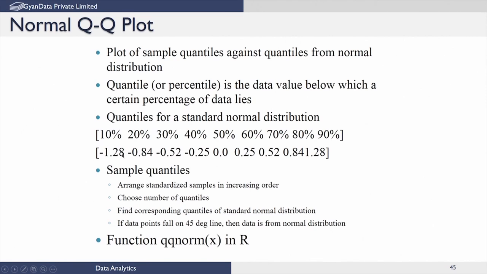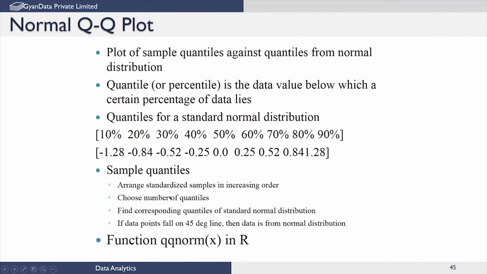This we can plot against the standard normal values, where the probability between minus infinity and the value is 10%, and the probability between minus infinity and that value should be 20%, and so on and so forth. Those represent the x values corresponding to these probabilities, and we can plot it. And remember, of course, before computing these quantiles we have arranged the data.